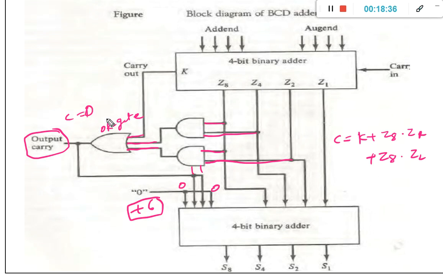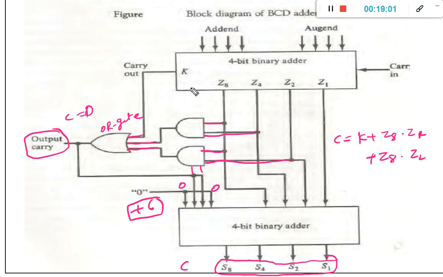If the C value is equal to 0, then nothing is added. If you add 0000, no change will occur. Like this, we perform the BCD addition, and finally we get the correct BCD value in S8, S4, S2, S1 and C.